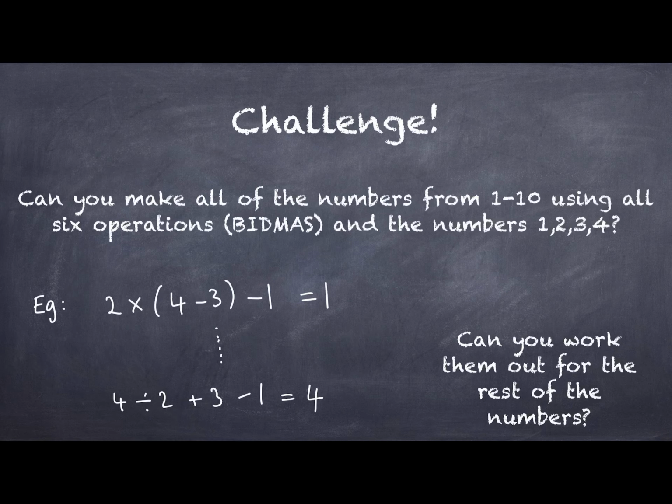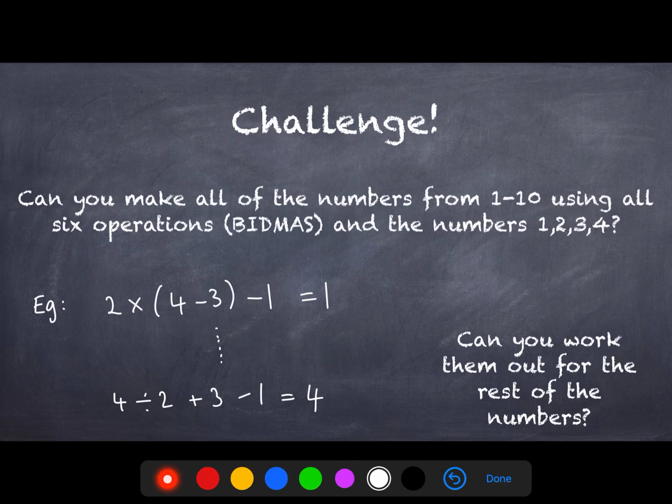So you'll see in my example number 1, what have I used here? I've used multiplication, I've used brackets, I've used subtraction, and I've used the numbers 1, 2, 3 and 4.